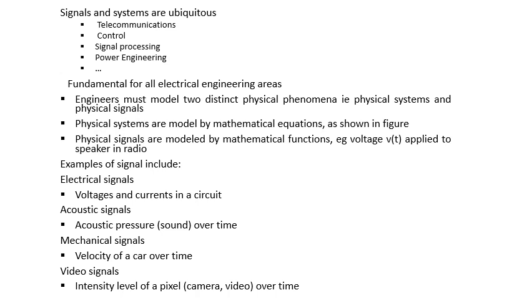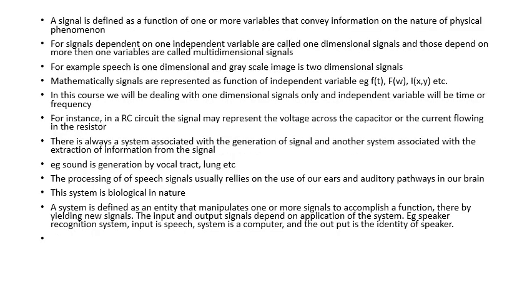We also have mechanical signals such as velocity of a car over time, or acceleration, speeds, etc. Similarly, we have video signals such as intensity level of a pixel as a function of time and space variables. So formally, we can define a signal as a function of one or more variables that convey information on the nature of physical phenomena, right?